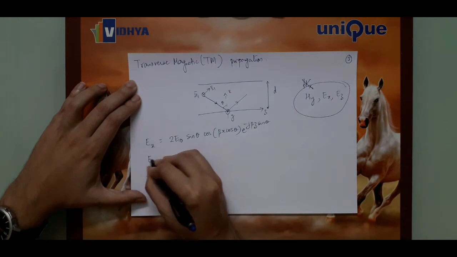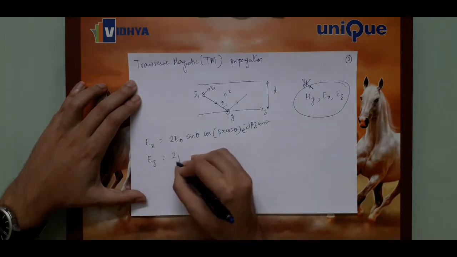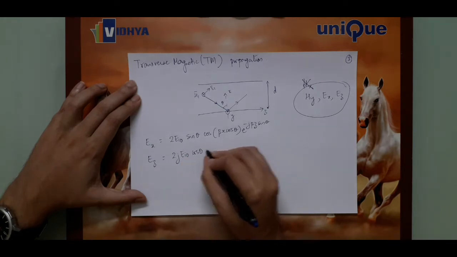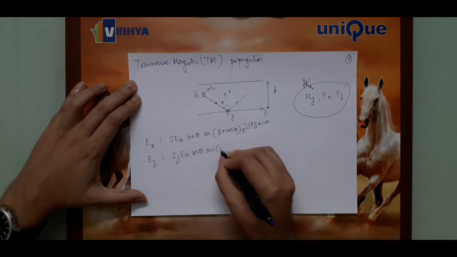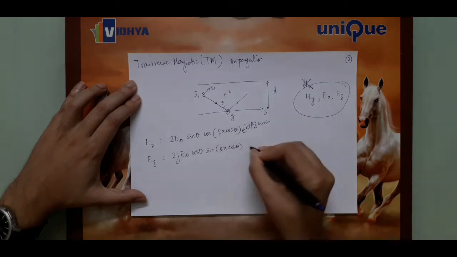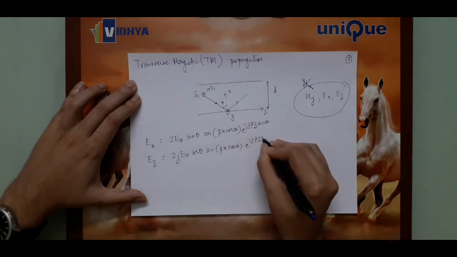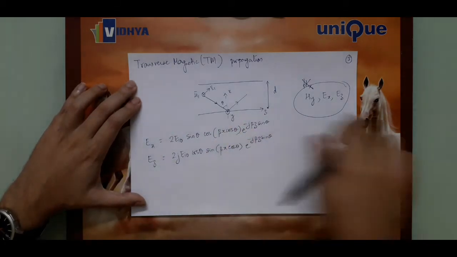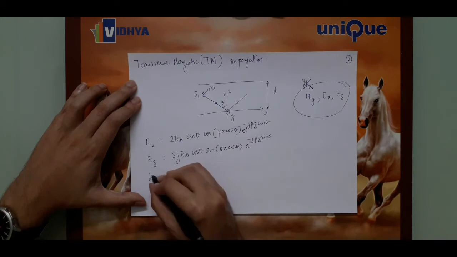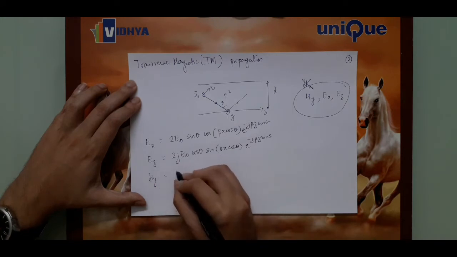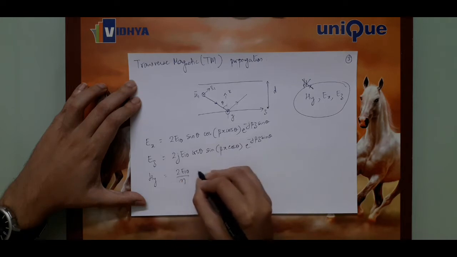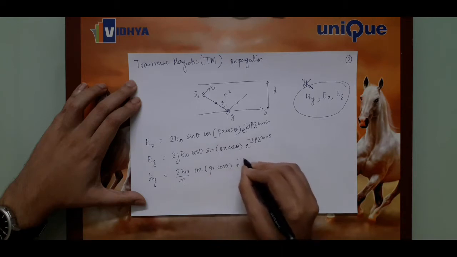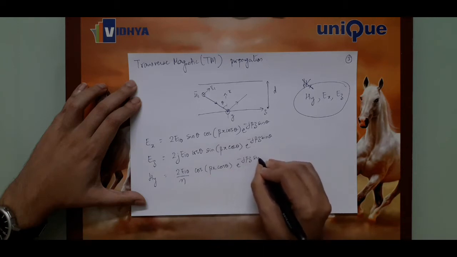You can also prove that Ez is 2j Ei0 cos theta sin(beta x cos theta) times this very factor, which indicates the propagation along the z direction, and Hy is 2Ei0 by eta cos(beta x cos theta) e raised to minus j beta z sin theta.